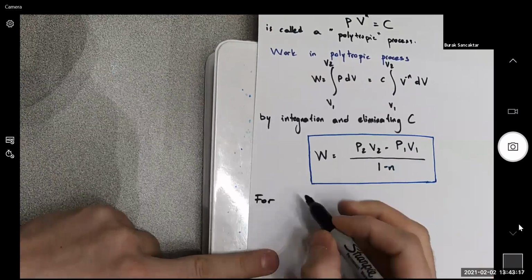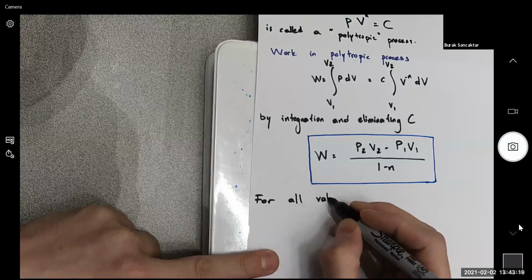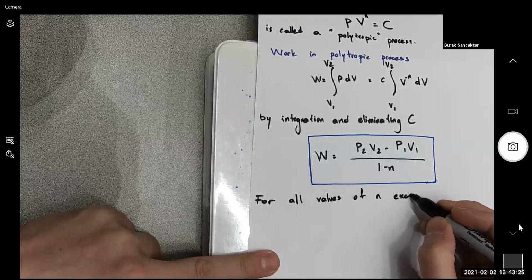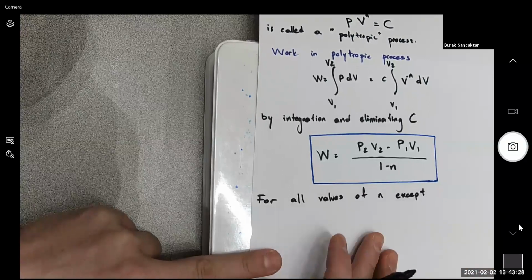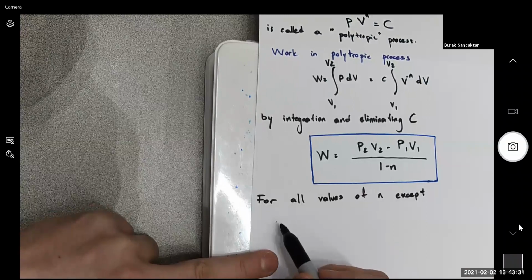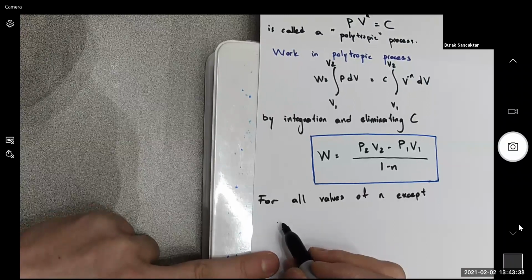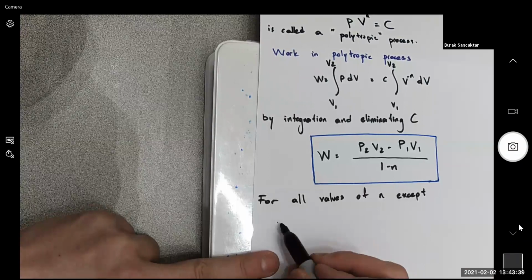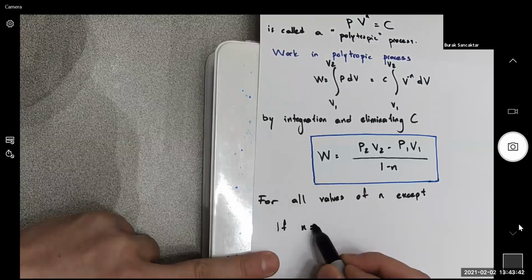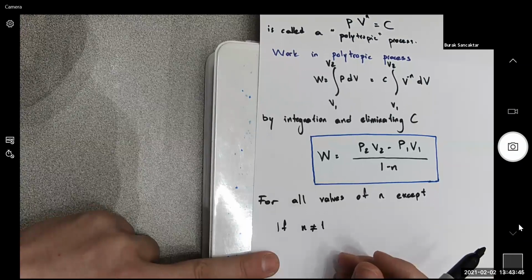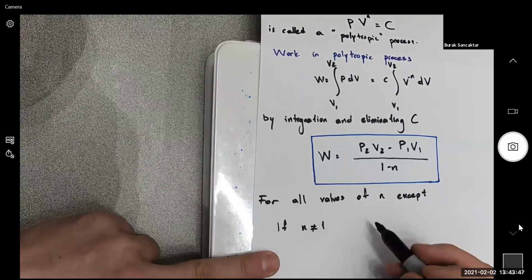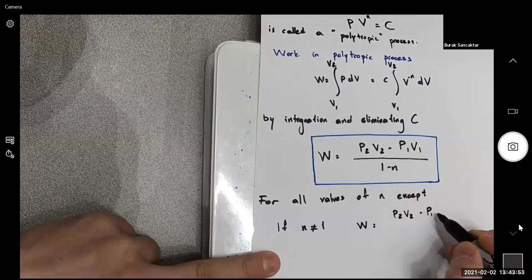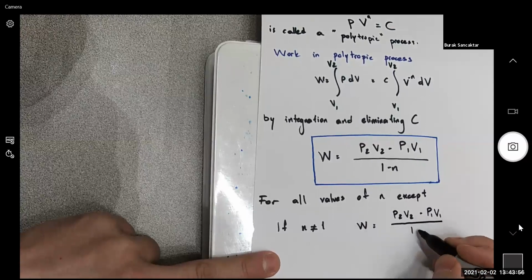This holds for all values of n except one, which makes the denominator 0. If n is not equal to 1, work equals P2 V2 minus P1 V1 over 1 minus n.